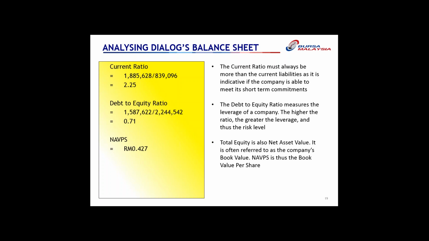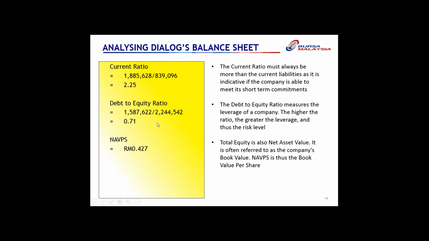Otherwise, if the current assets are less than the current liabilities, then the company's current assets are not enough to meet its current commitments. So that's why it must always be more than 1. And here, with a current ratio of 2.25, it goes to show that Dialog is in a very comfortable position.